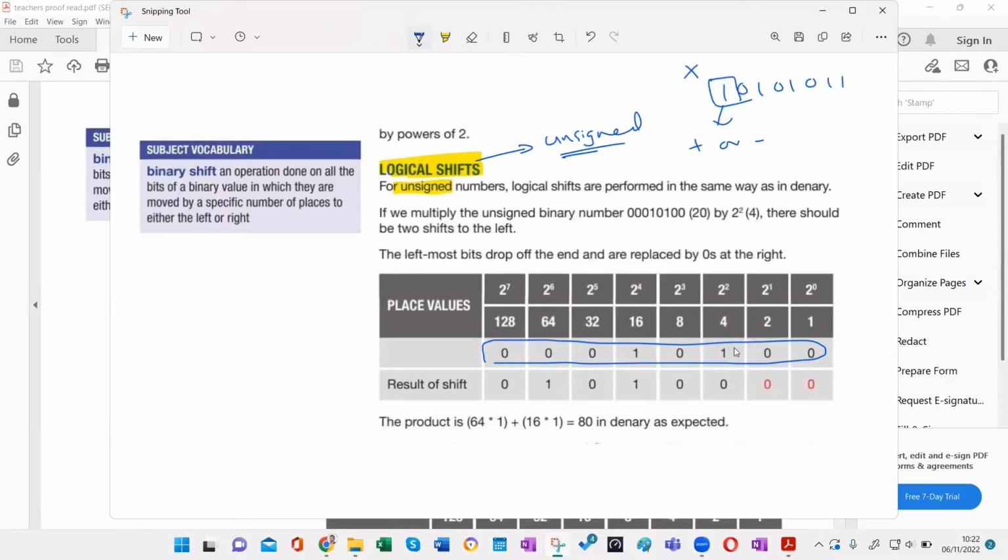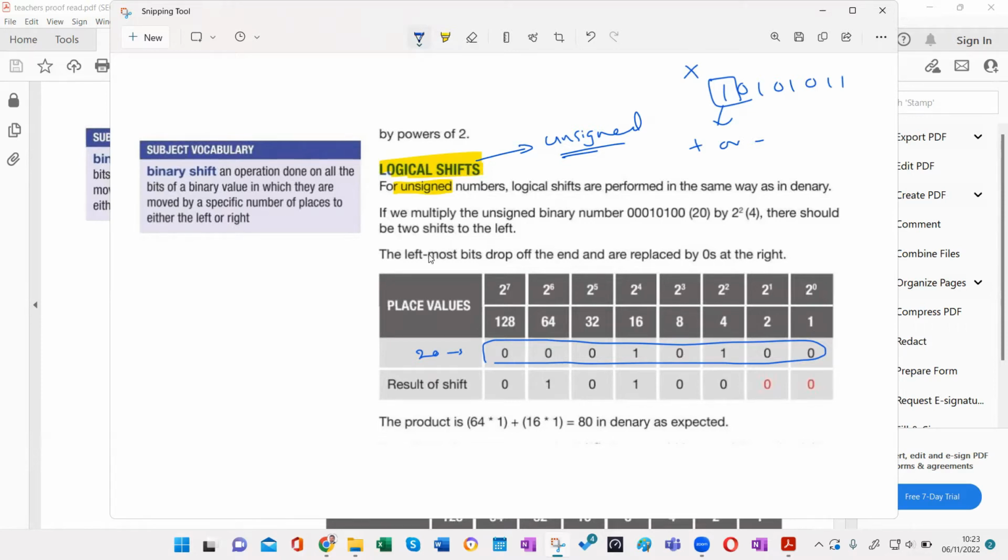You have 1, 16, 1, 4. So 16 plus 4 is 20. So this is 20. The most significant bit is not reserved for positive or negative. All the bits are used, and it's called unsigned. So remember, logical shifts are carried out on unsigned numbers.